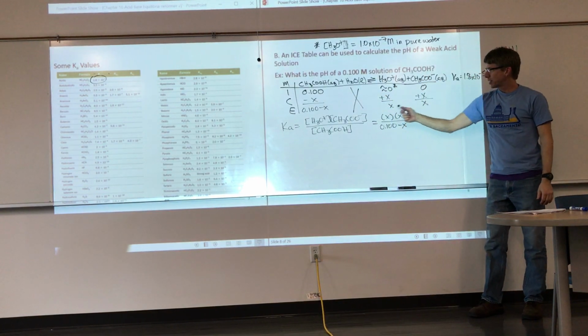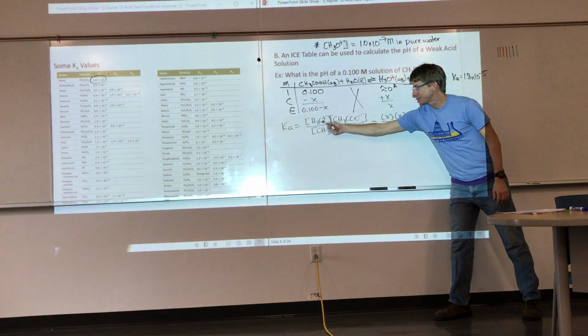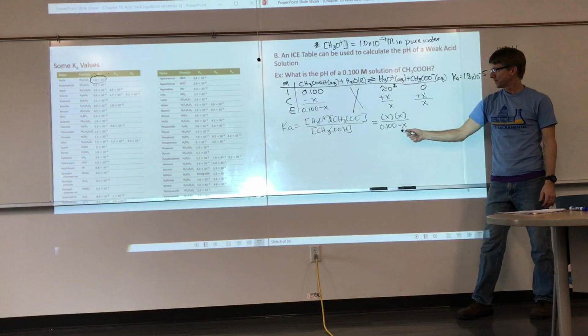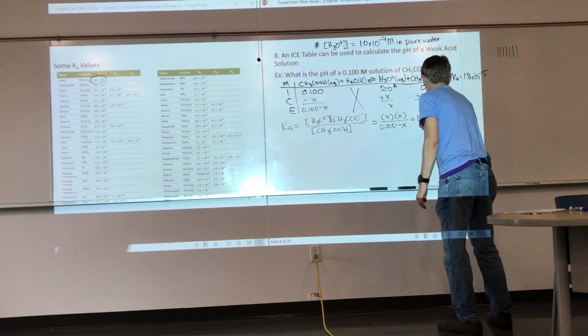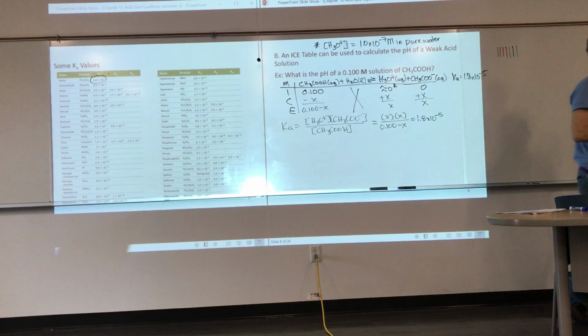We take our equilibrium values, place them into our Ka expression, and set it equal to our Ka value. Questions about that setup? This is pretty much the setup every single time for Kas. We're going to be doing this like 10 or 20 more times in the next few chapters.